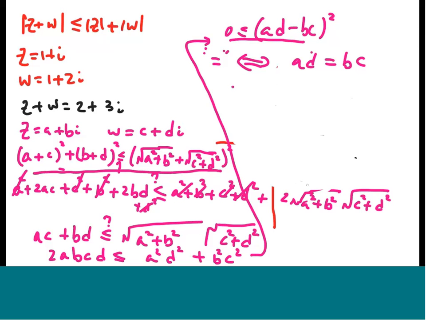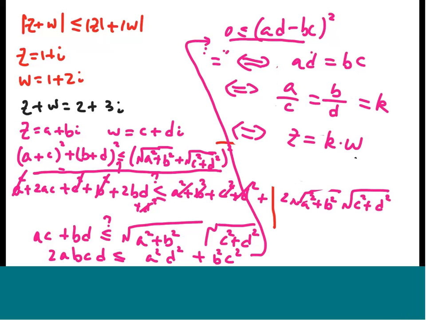So if and only if A over C equals B over D. Or if you think this is a number K, for example, a real number, then if and only if Z equals K times W, right? So when equality holds, this is called linear dependent.